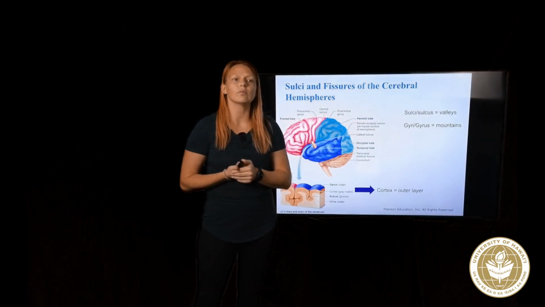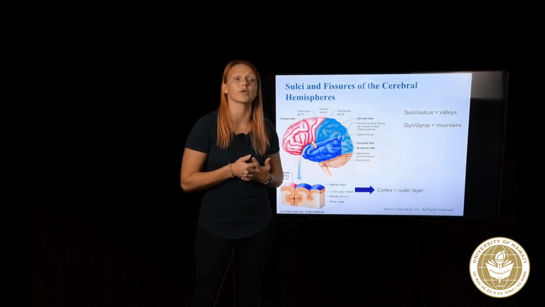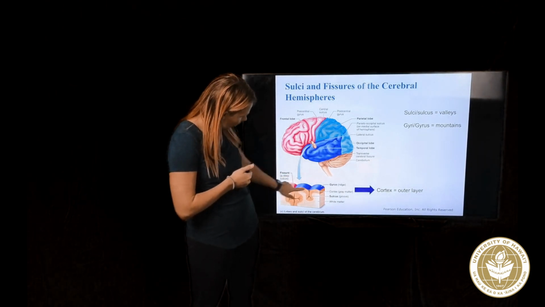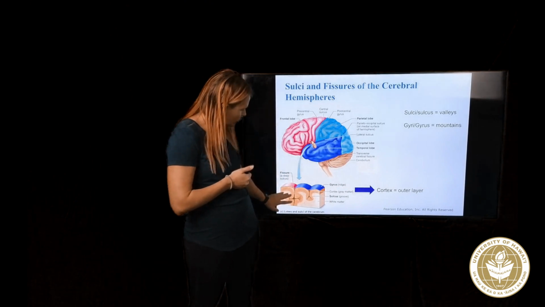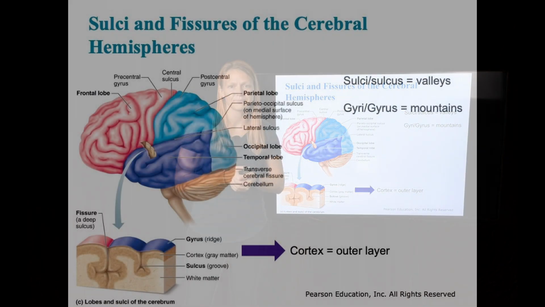As a reminder, you have that cerebral cortex of gray matter superficially. That's what this is meant to show you. That cortex of gray matter is superficial. And then underneath that, you have that white matter, which we already talked about earlier in this lecture.